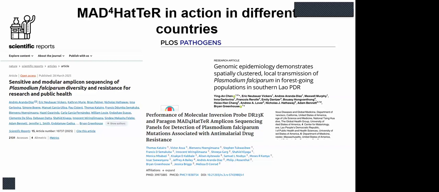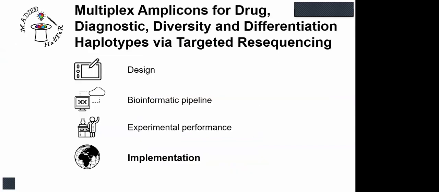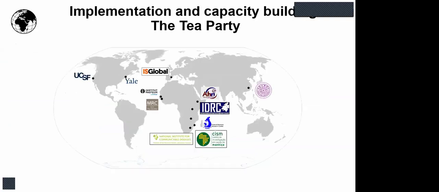And we found that the panel was performing remarkably. If you're interested, you can look out for the paper. So about implementation, this panel, like I mentioned, is being used in a couple of labs across the globe. So these are some of the labs.